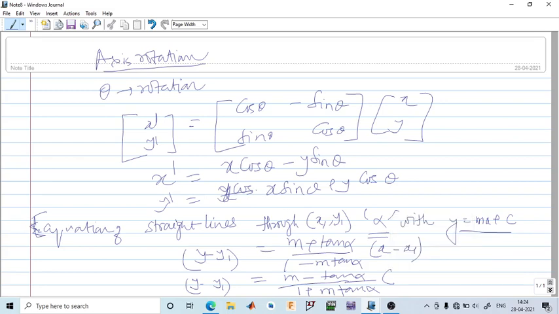Whenever the derivations are required, I would definitely do the derivation, which will help you to understand the further concept, right? So these are the two equations, m plus tan alpha by 1 minus m tan alpha, right? This is the new slope, m plus tan alpha over 1 minus m tan alpha. Clear?